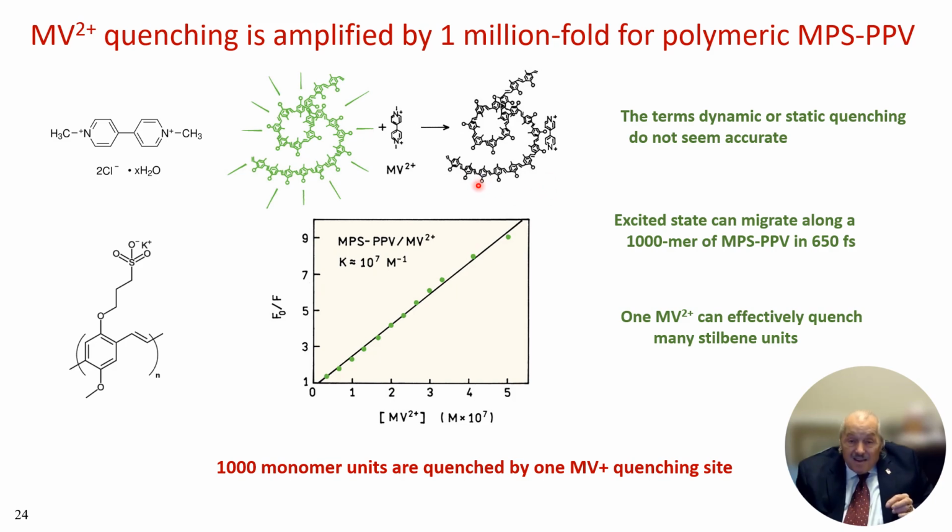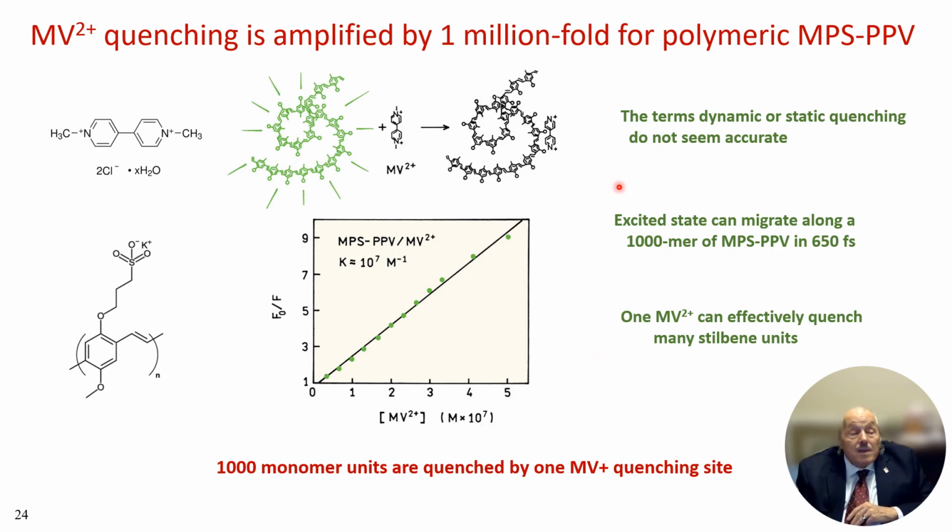Stating it another way, it takes around 650 femtoseconds for an excitation to move all the way through the chain. If there's a methyl viologen anywhere near that on the chain, it's going to quench the whole chain, which only had a single excited fluorophore in it. So basically, the quenching is about 1,000,000-fold more effective.